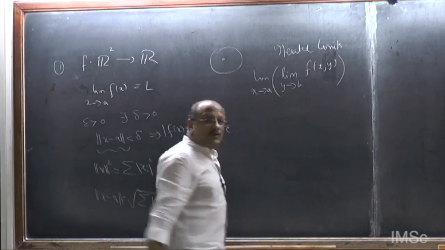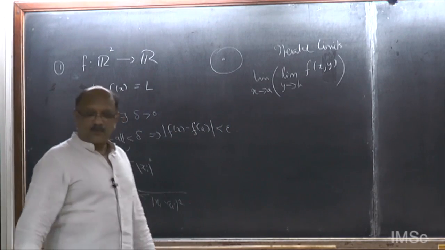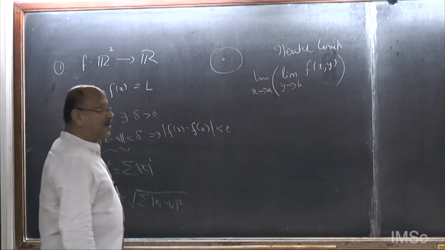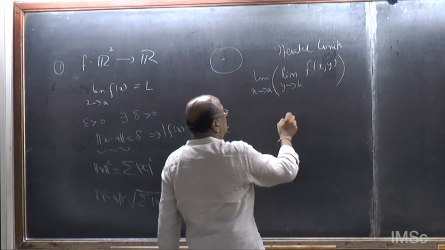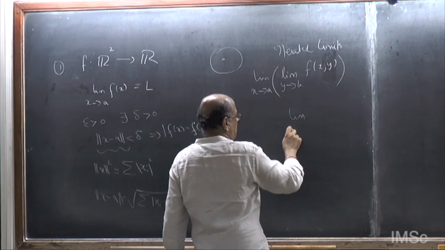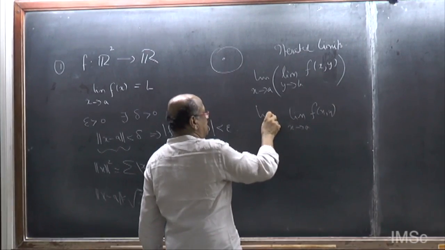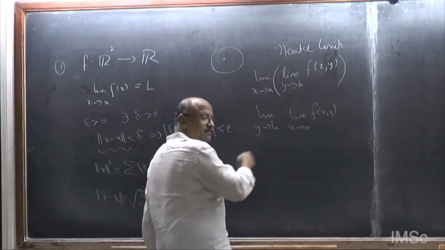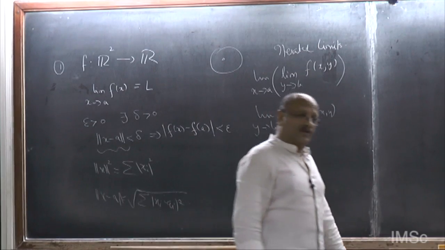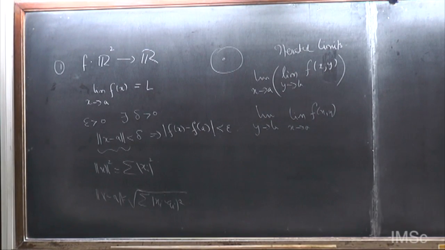So, I may try to do this in two steps. Then I can also think of limit x tending to a of f x y, limit y tending to b. I try to do it in this way also. So, the question immediately arises, are these the same?